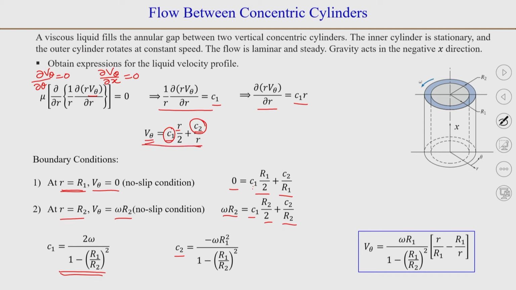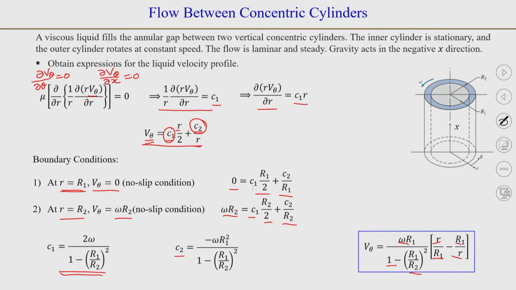So, you get the velocity profile, which is v theta is equal to omega R 1 divided by 1 minus R 1 by R 2 whole squared, into small r by capital R 1 minus capital R 1 by small r. So, this is a function of r.